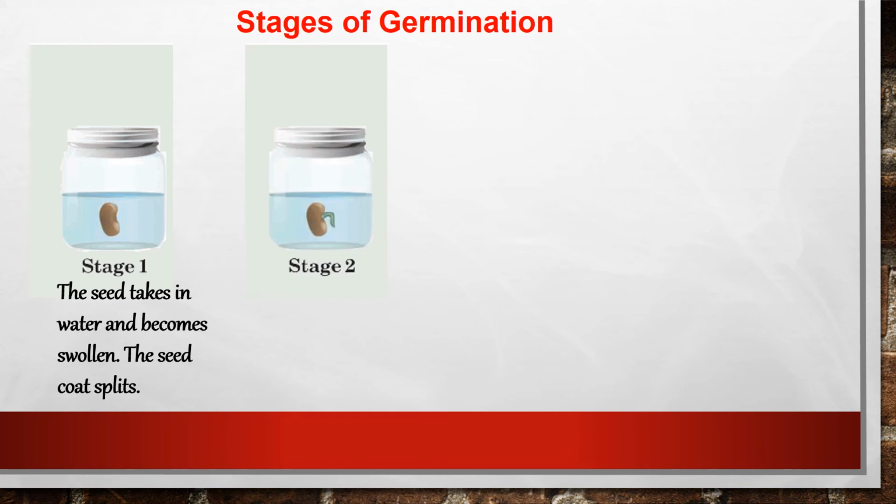Stage number 2, the baby root begins to grow. It grows downwards. As you can see here, they have the baby root, and that baby root always grows downwards. You will learn why roots grow downwards.